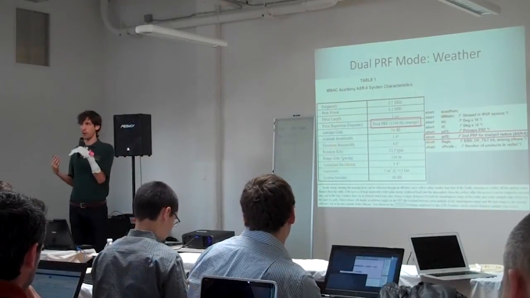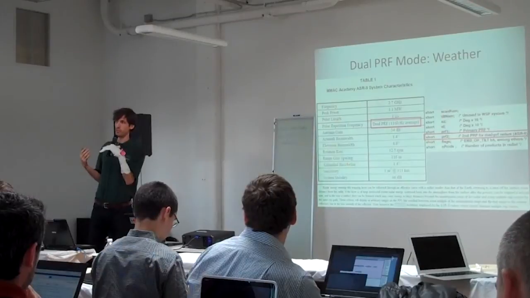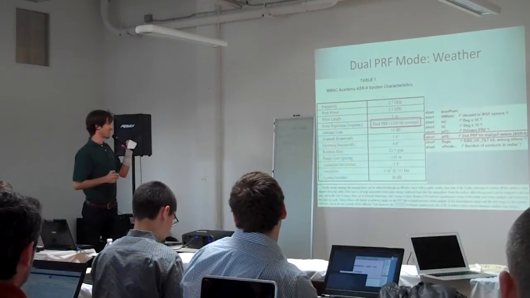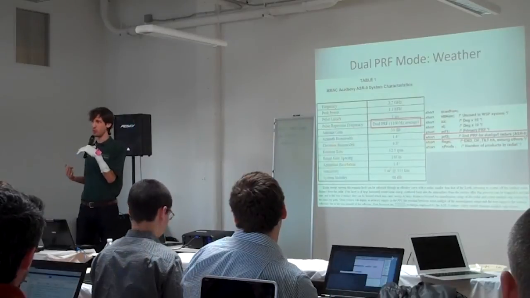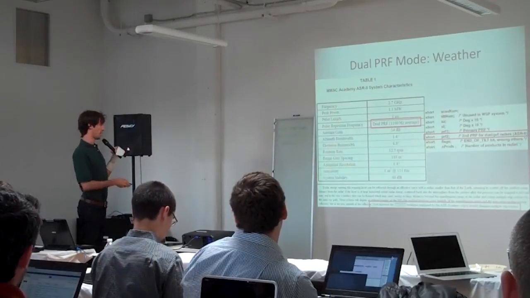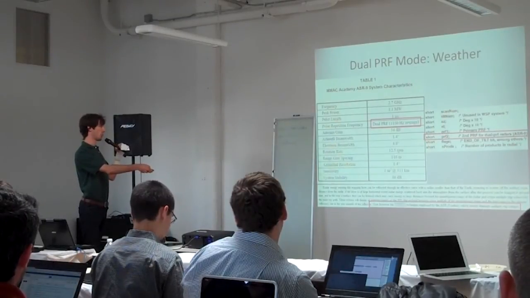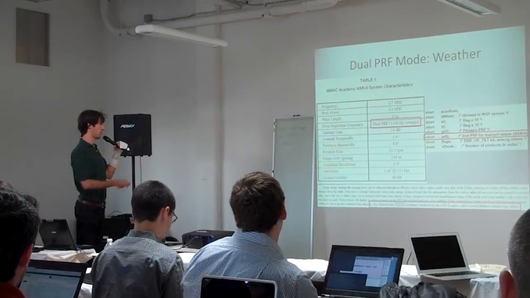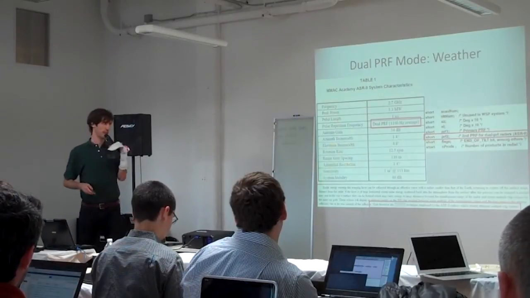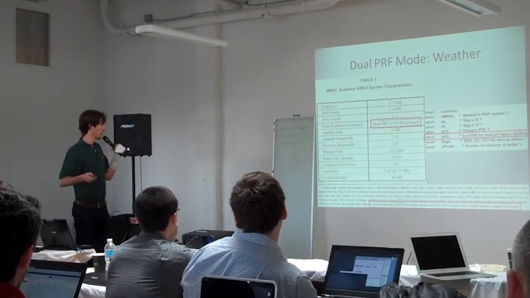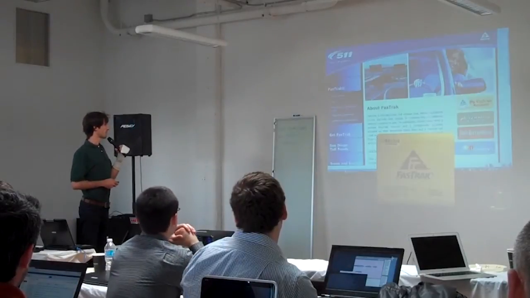And apart from surveilling the skies, it's also used for doing weather observations. And there's no doubt that the dual PRF technique employed by ASR9 radars should eliminate multiple trip returns. So that was something cool that I discovered with the V200.